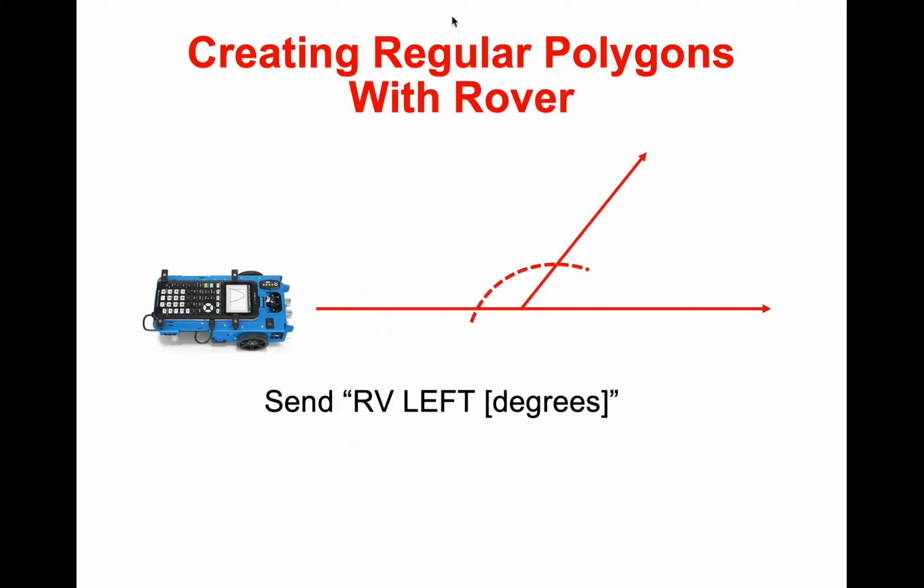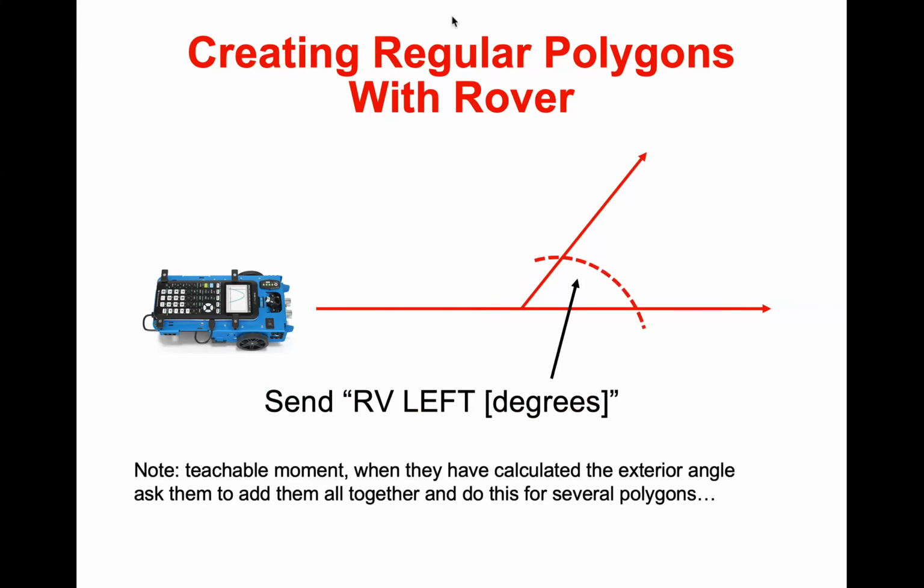We're thinking about the interior angle, well, not all of us, but the students will be thinking about the interior angle, and what winds up happening is that it's not the interior angle that is turning. It's the exterior angle, if you're creating a polygon, that it's going to turn.